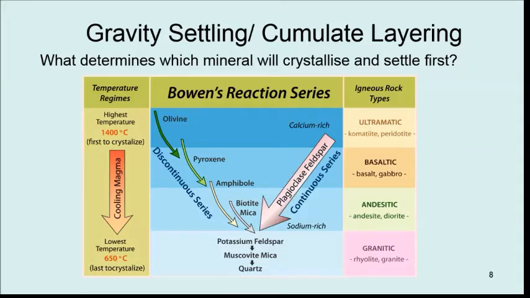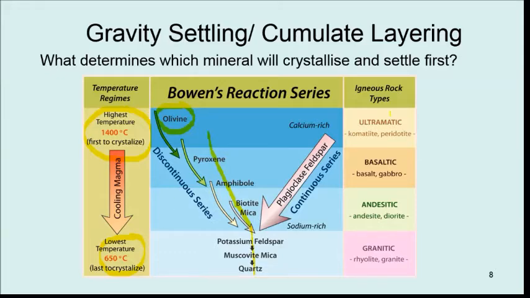Now this is all to do with Bowen's reaction series, which takes magma and the individual minerals within magma and looks at what temperature they start to crystallize. Notice here the high temperature minerals, olivine, starts to crystallize first, and then we descend down the order towards potassium feldspar, mica and quartz, and these are the last minerals to crystallize.